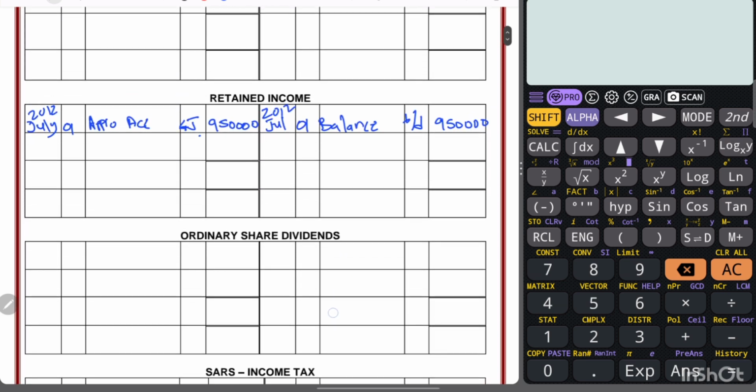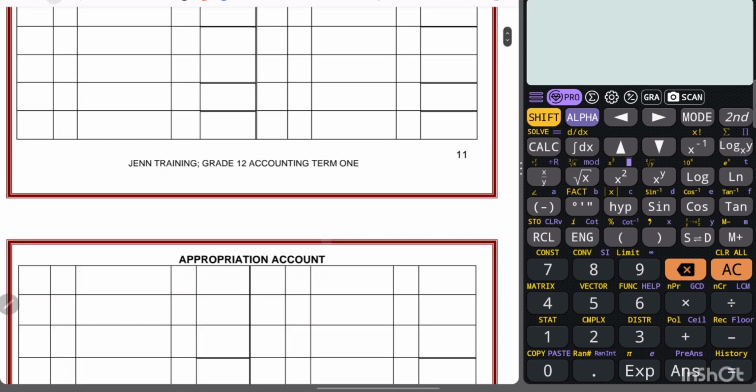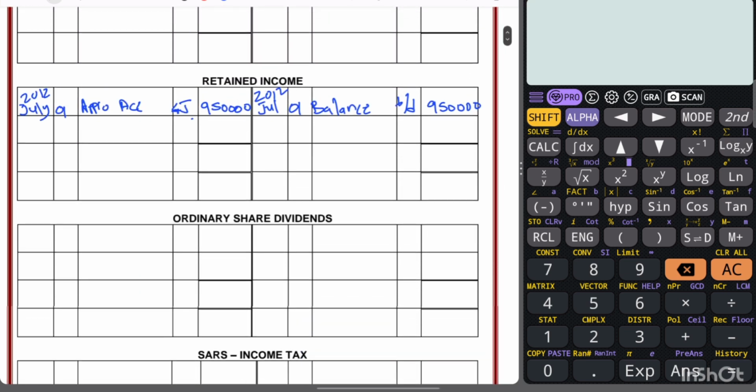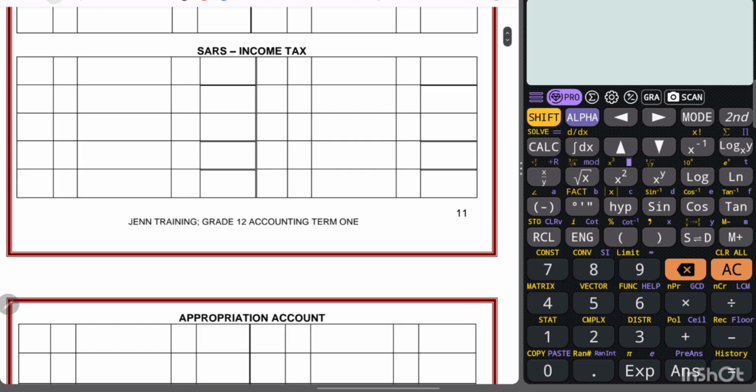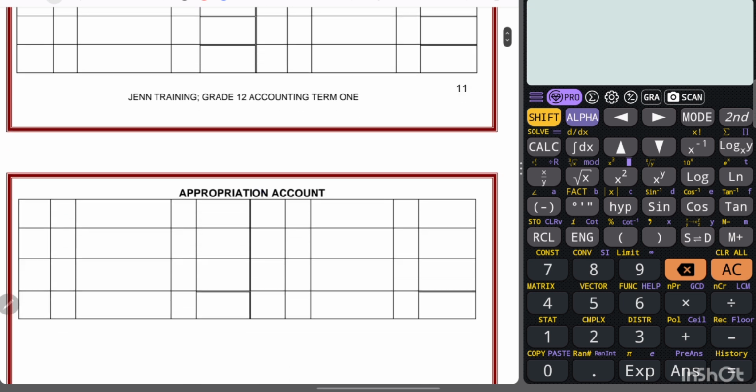Then now you must go to the appropriation account. On this side it is debited. Then if it's debited on the retained income, it must be credited on the appropriation account. Then you're going to write here the retained income.